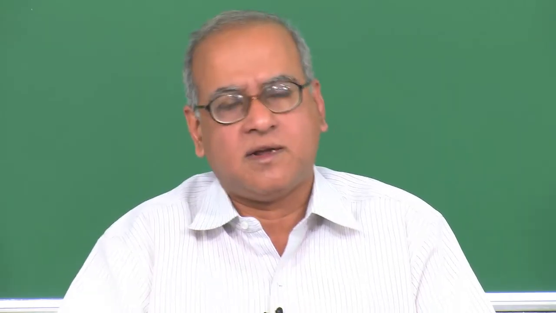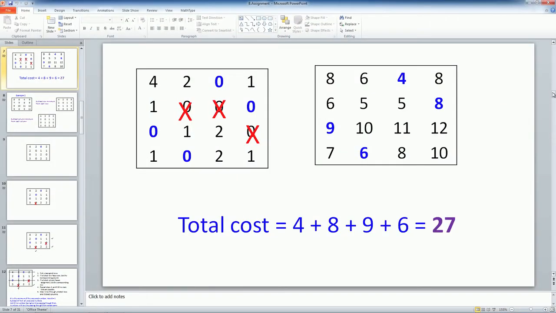So small sized assignment problems we can solve using this solver if we have access to this. Otherwise we can always solve it by hand, understand the theory behind it and solve it by hand using the Hungarian algorithm. So both the transportation and assignment we have actually solved them as linear programming problems when we used the solver. Now let us look at one more aspect of the assignment problem.